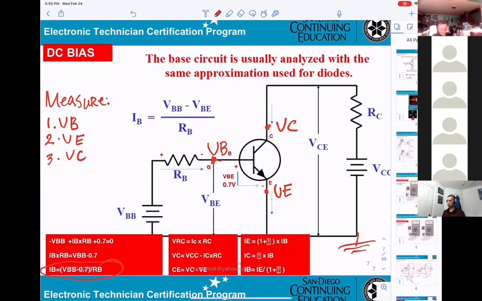If I want to measure VE, then the high side of the meter connects to the emitter and the low side will be connected to ground. Same thing. VC will be connected from the collector and the other side will be ground. Okay, that will be with respect to ground.